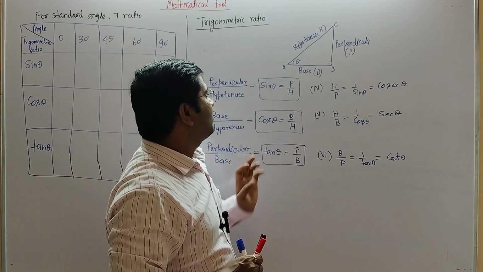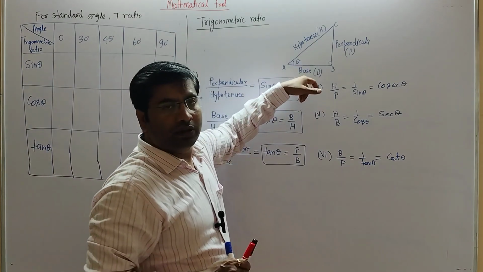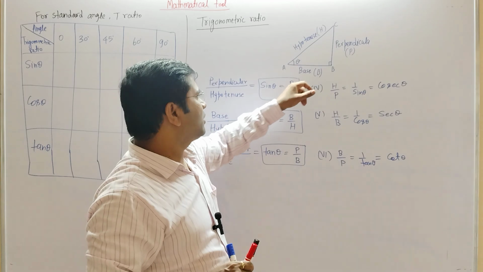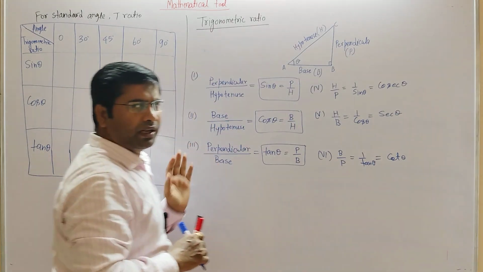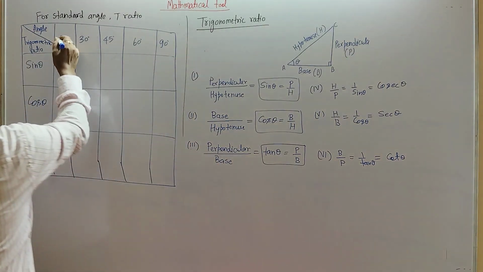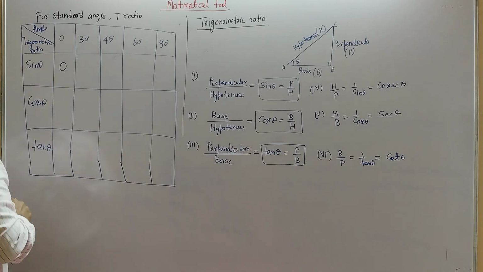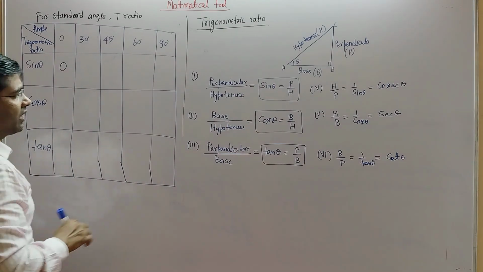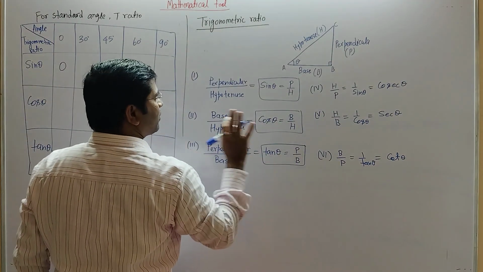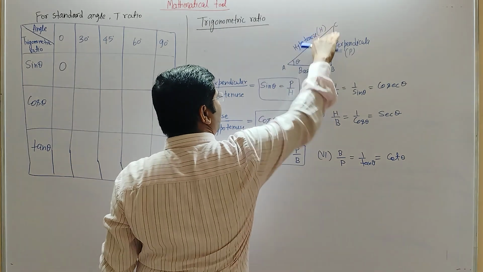And 0 upon anything is 0. So it is standard that if the angle is 0, then the value of sine will be 0. Similarly, 0 means this will coincide.